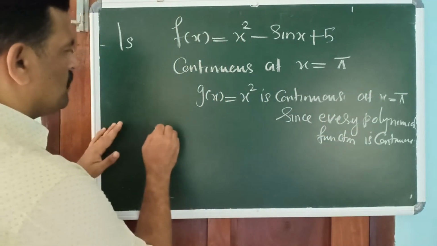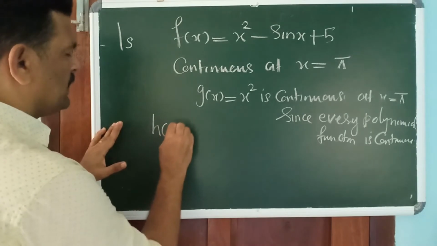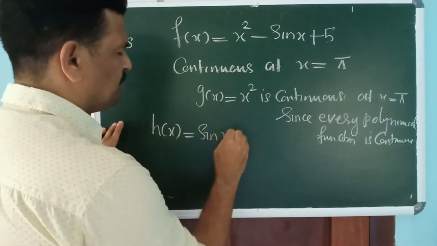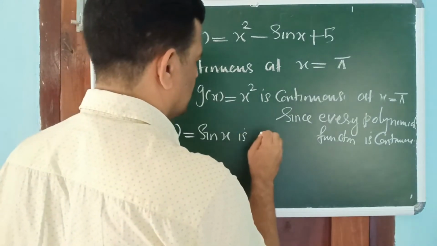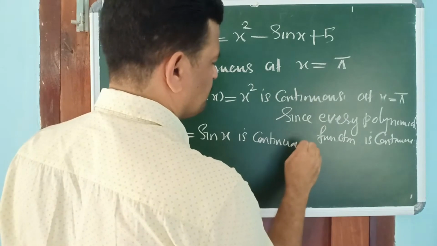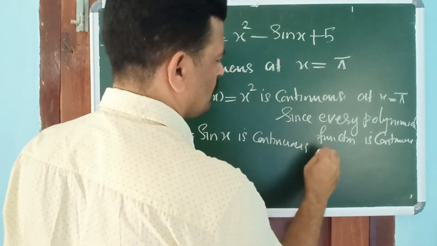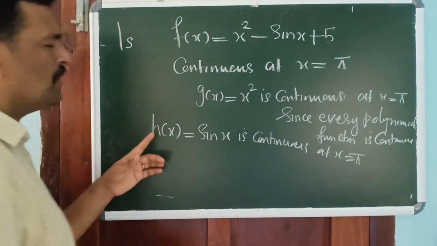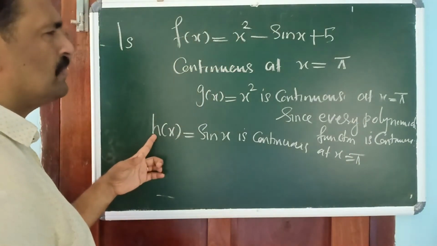Now similarly, let h of x equal to sin x. It is continuous at x equal to pi, since the trigonometric function sin x is continuous.